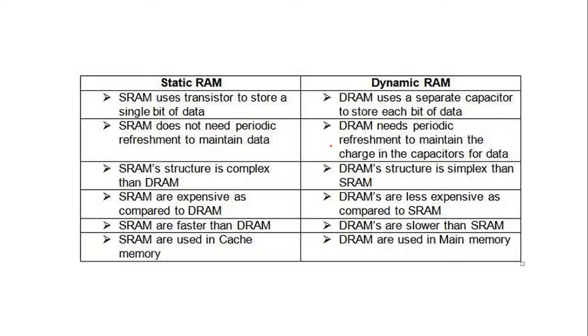So let's see what these memories are. Okay, a little bit of information which will help you out. Static random access memory and dynamic random access memory: static memory uses transistors to store a single bit of data, whereas dynamic uses a separate capacitor.